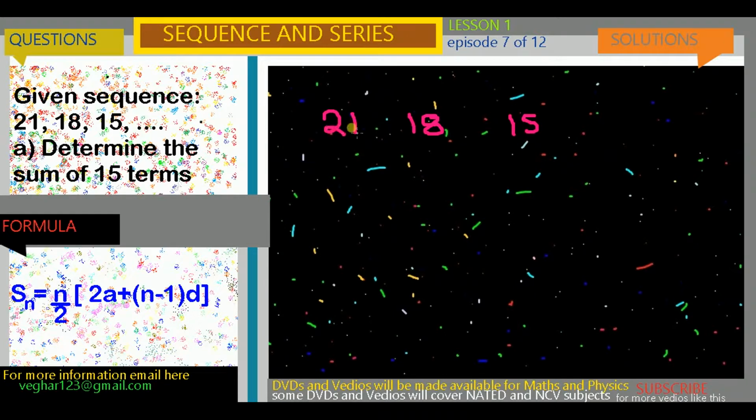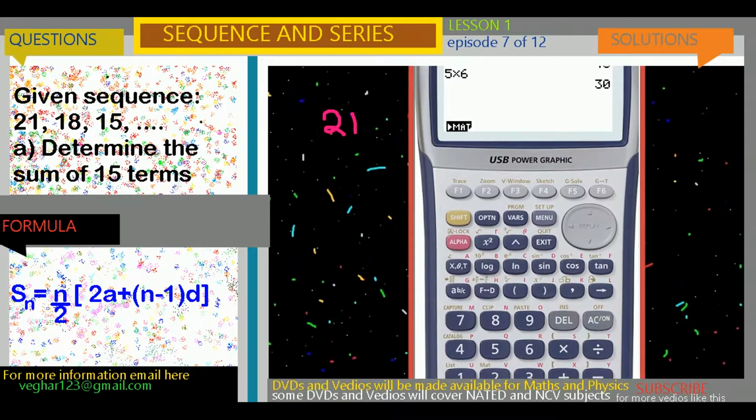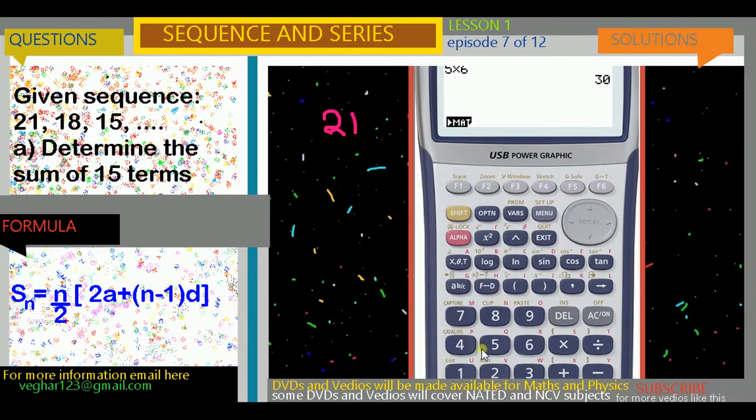First of all, if you divide one of these, say 18 divided by 21, it's 0.85.